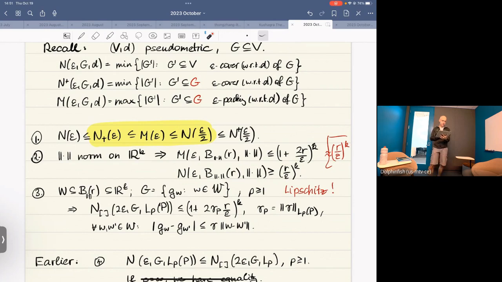All right. So the next result was kind of a fancy result, but it's just a Lipschitz result. It says that if you have a weight space and functions indexed by these weights, and these functions satisfy a certain Lipschitz property, such that if you wiggle the weights, then the functions cannot wiggle too much, then you can upper bound the covering number of the resulting function space by essentially the same quantity as for the ball, except that you have to include this Lipschitz constant, gamma p, which measures how much the wiggling of the parameters is amplified by the map that maps the parameters to the functions.